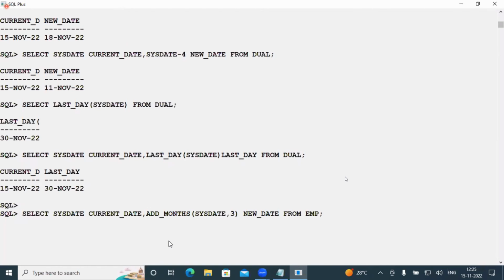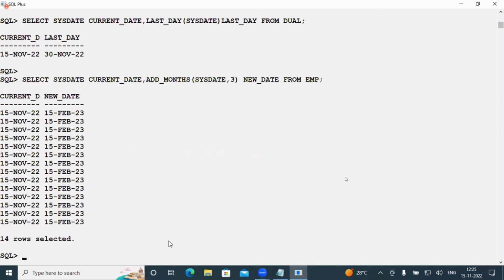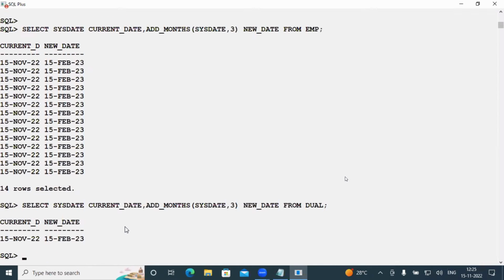Now observe what happened. Since I was using the EMP table, 14 rows show up, so I want to change this. Now you can see my current date as per the system, 15th November.